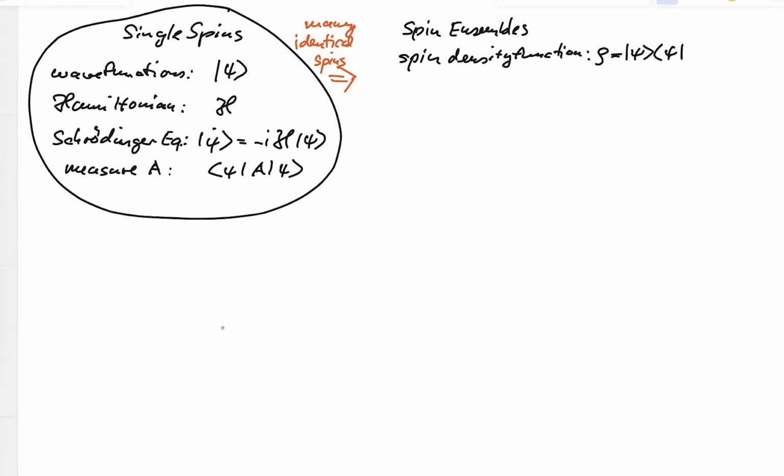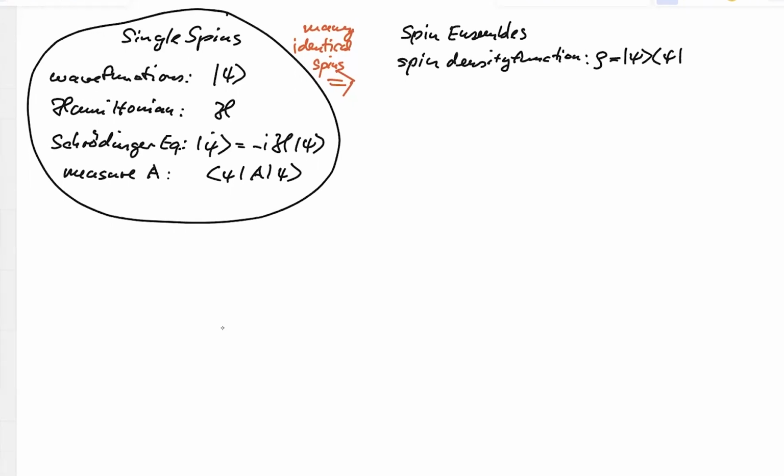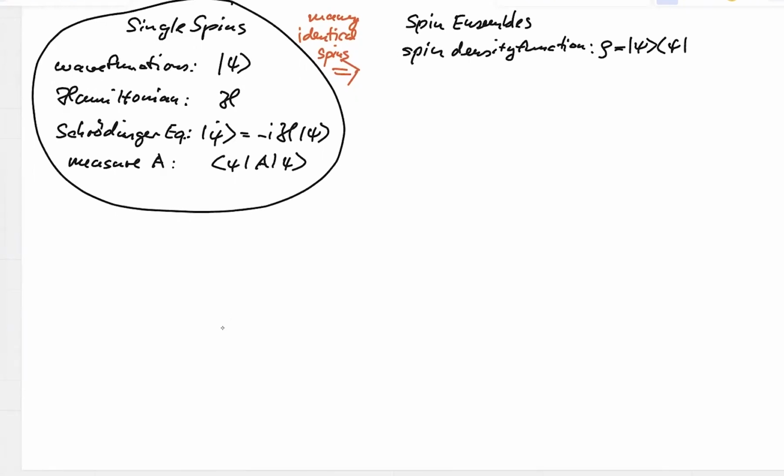And with this matrix representation, we can go into the Schrödinger equation and then see that this ends in the so-called Liouville-von Neumann equation, which is simply the time derivative of the spin density operator equals minus i times the commutator of the Hamiltonian with rho.